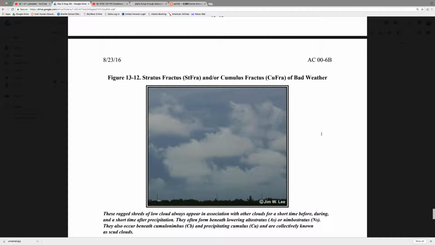So stratus fractus or cumulus fractus, signs of bad weather. Ragged shreds of low clouds always appear in association with other clouds in a short time before, during, and a short time after precipitation.